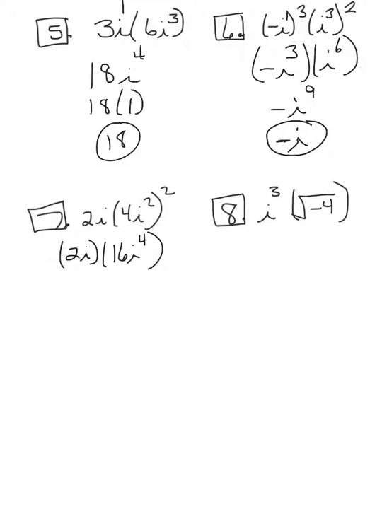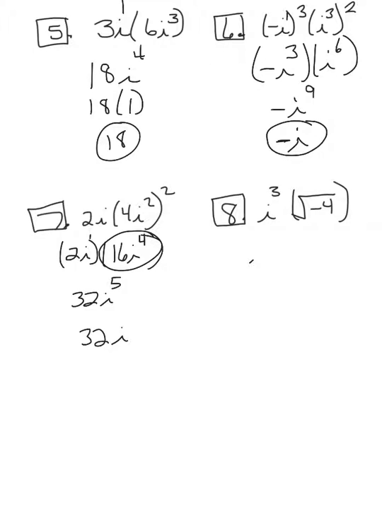Or I can multiply together first. 2 times 16 is 32. i times i to the 4th is really, remember, add, so that's going to be i to the 5th. If I divide the 5 by 4, it goes once with 1 left over, which means I just have i. But either way, I get 32i. So you can do it that way, or like I said, you can turn this whole thing here first into 16, and 16 times 2i is 32i also. So it's a matter of preference. I would have probably done it that way myself.